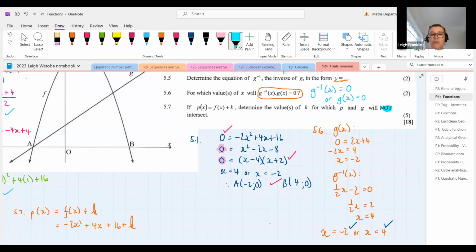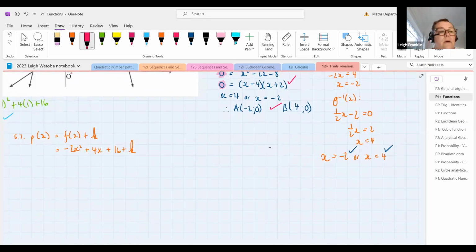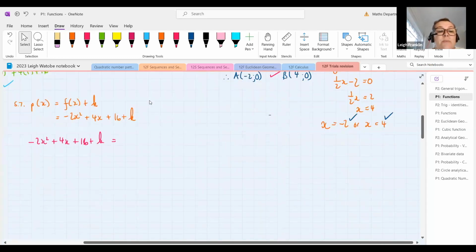So I'm going to make minus 2x squared plus 4x plus 16 plus k equal to g. G is 2x plus 4.